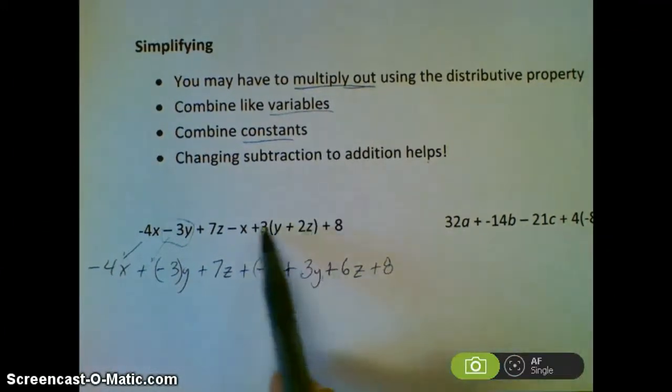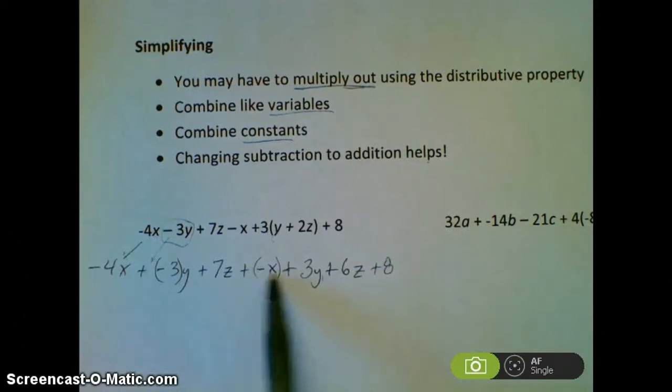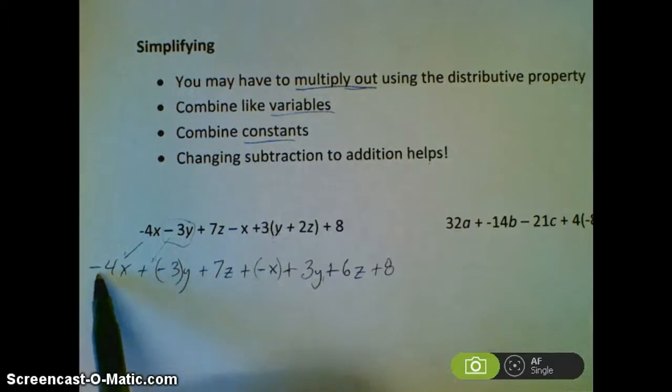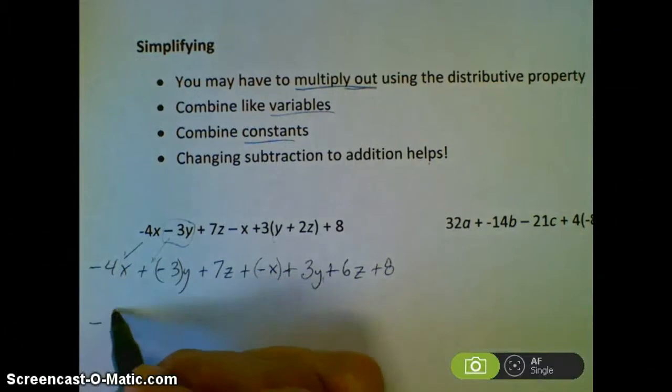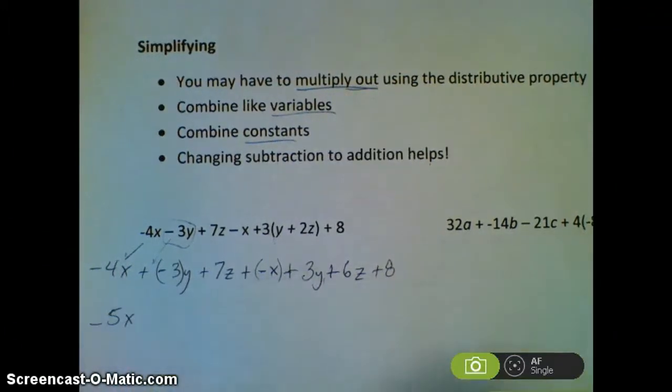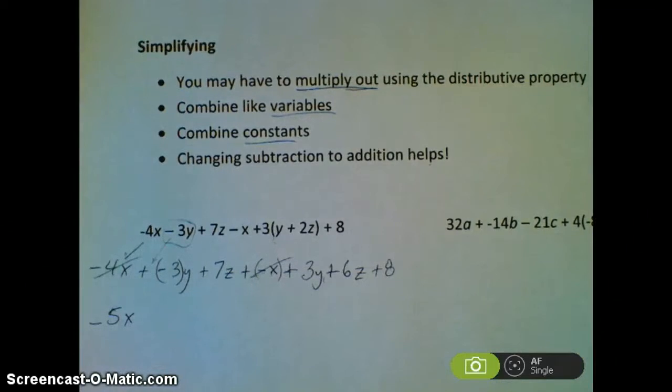Now I can start combining my terms. I've multiplied this part out, and I've changed my subtraction to addition here and here. So I've just got to start combining terms. I'll start with my x's. I've got negative 4x, and I add another negative x. That gives me negative 5x. I'm going to cross those out so I can keep track of my work here.